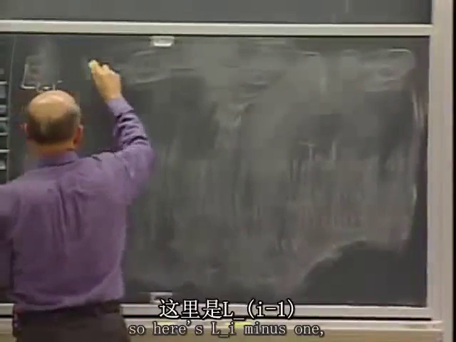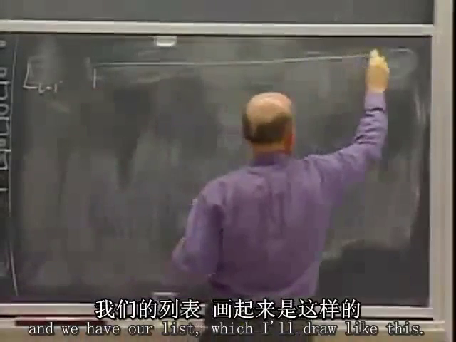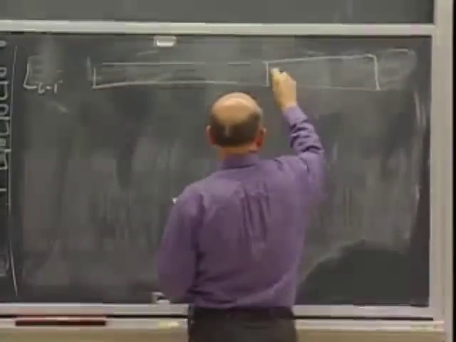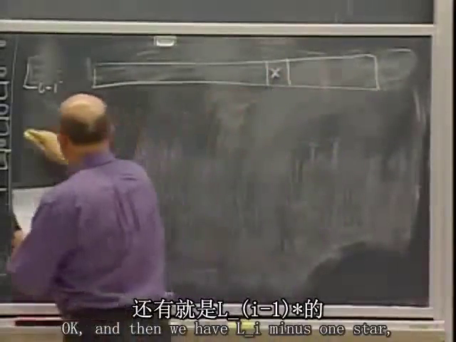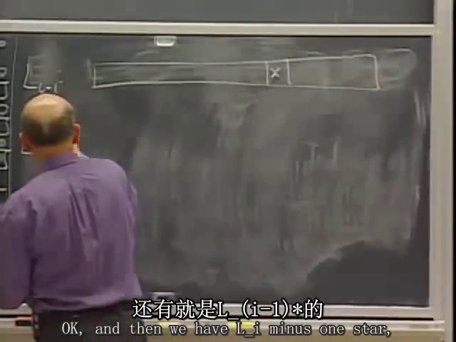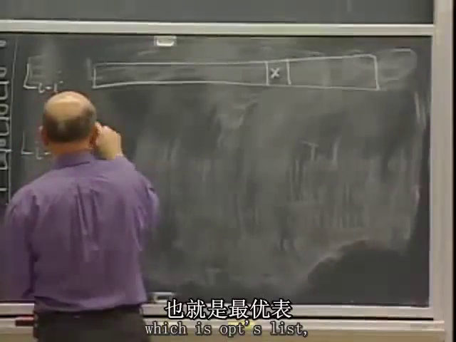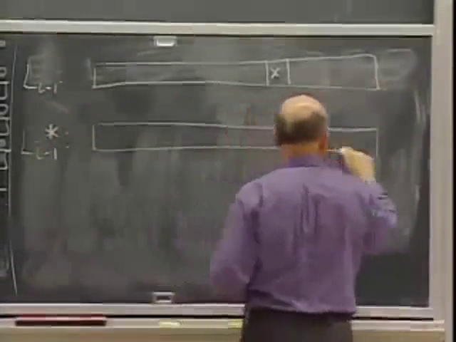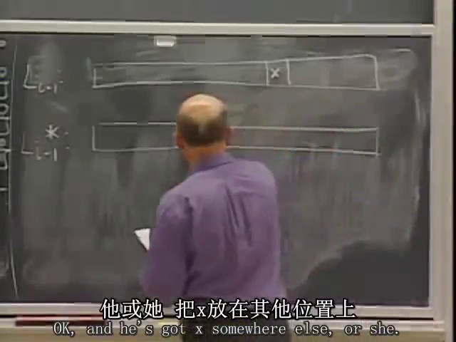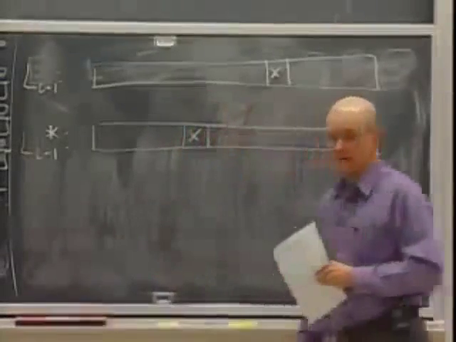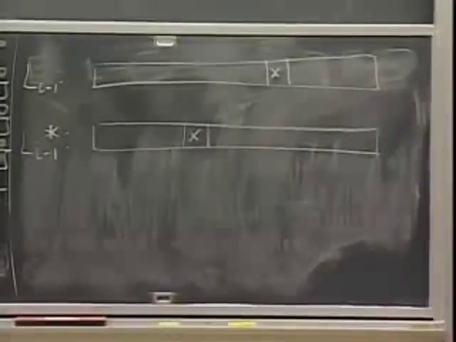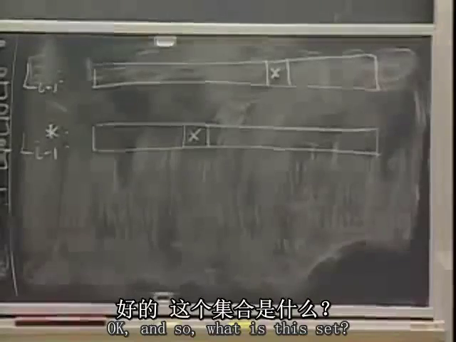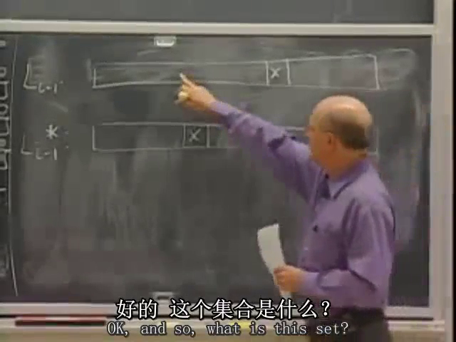So here's L sub i minus 1, and we have our list, which I'll draw like this, and somewhere in there we have X. And then we have L sub i minus 1 star, which is OPT's list, and it's got X somewhere else. And what is this set?